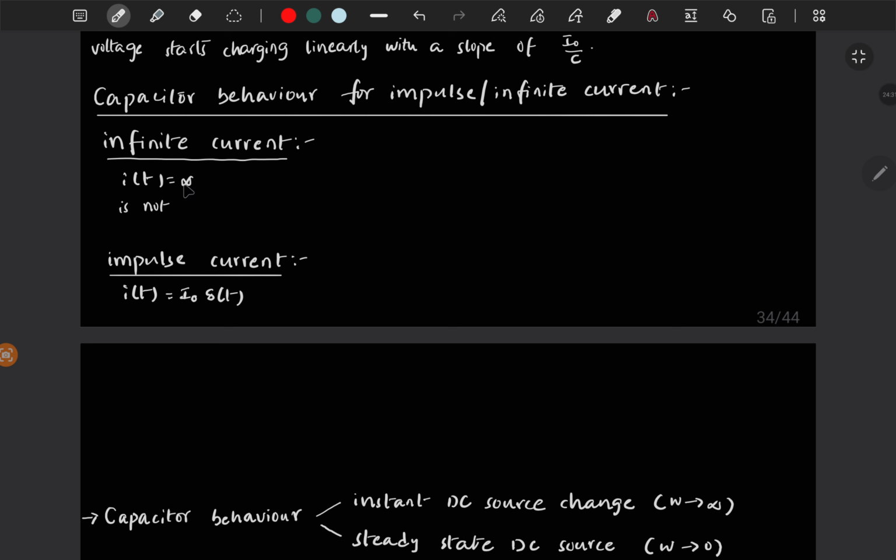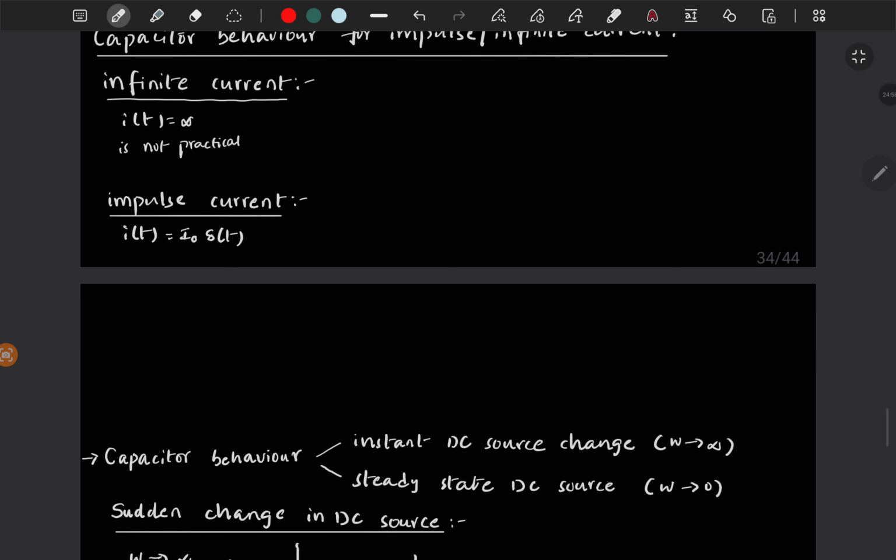That is not possible, right? It does not exist. So assume in theory we have infinite current, which is represented by i(t) equal to infinity. So it means you are pumping very high current through a capacitor. That is what infinite current means.